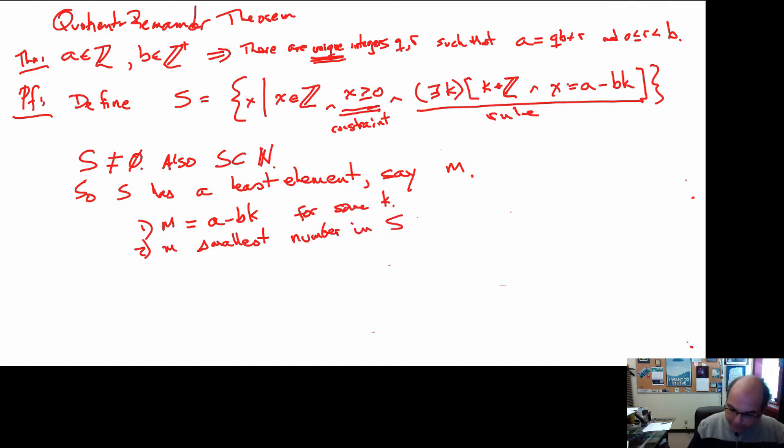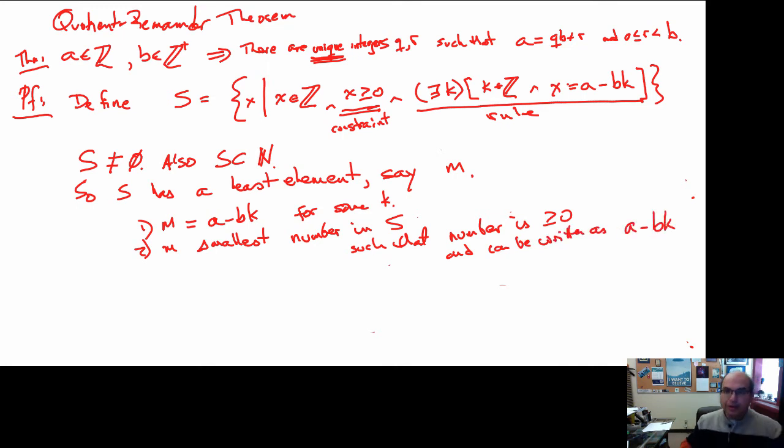So it means it's the smallest number such that the number is non-negative and can be written as a minus bk. Okay, and that just follows because it's the smallest element of this set, and this just describes all of the elements of that set, and it has to be, you know, less than or equal to all of them. All right.